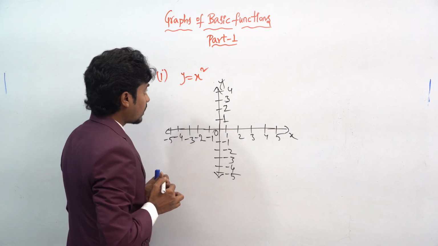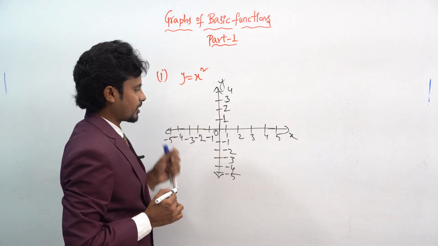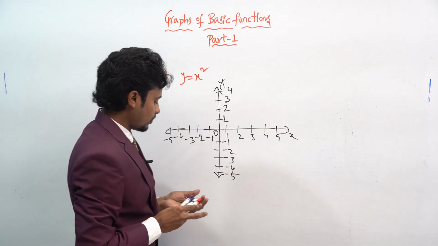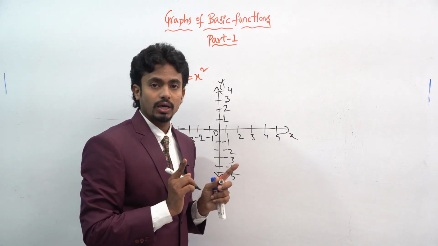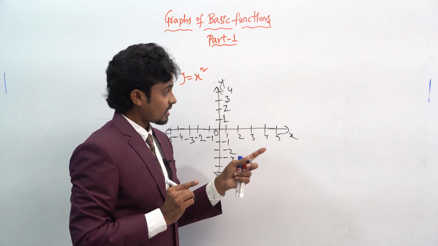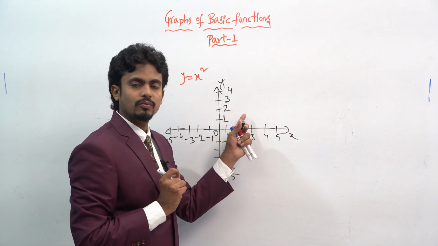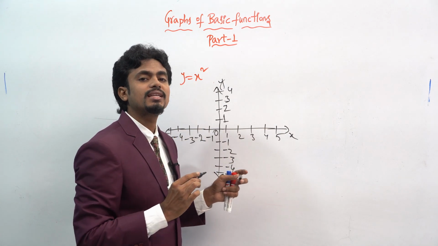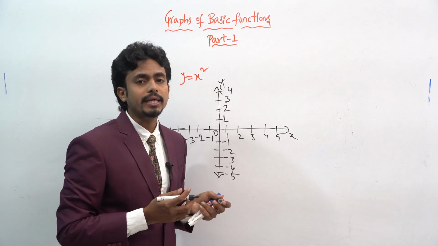Our target is to find the plot for the y = x square function. So here also, first of all you have to make the table, substitute the values from the table as points, and finally connect all of those points. You will get the required plot of the basic functions.